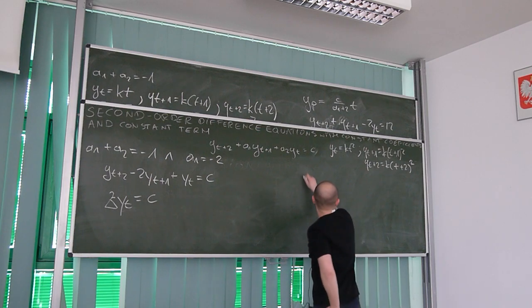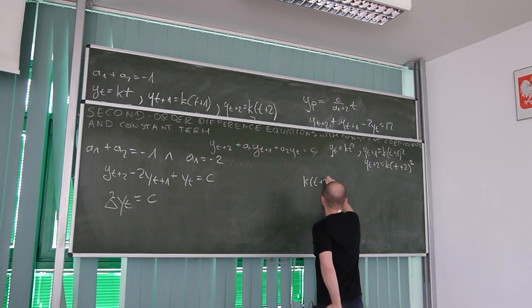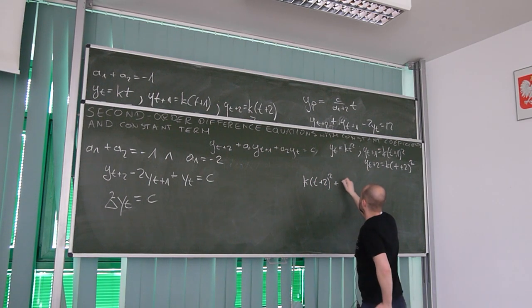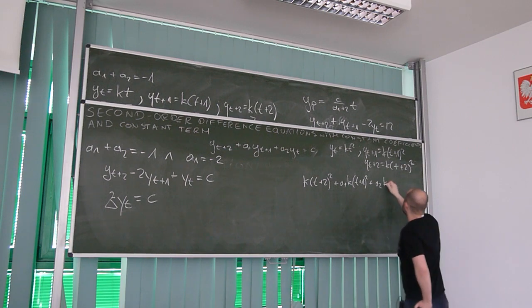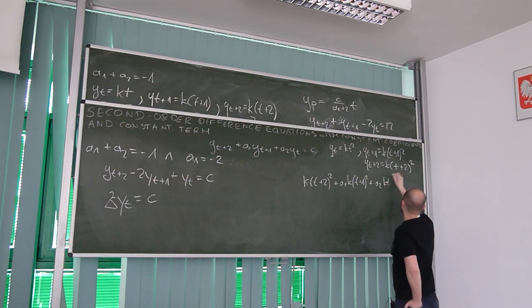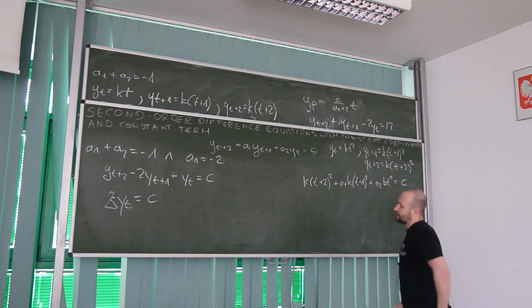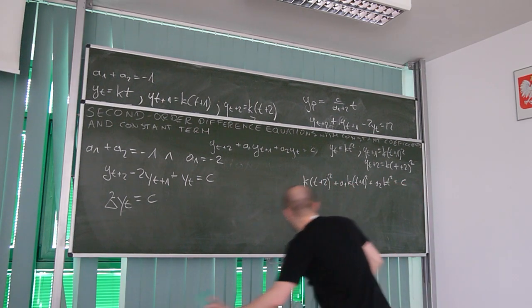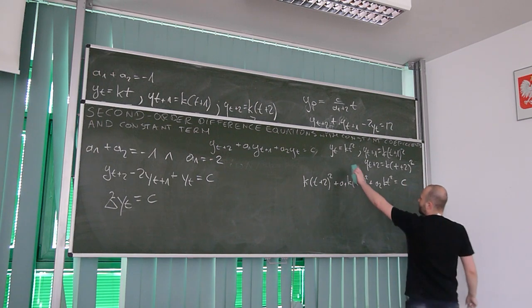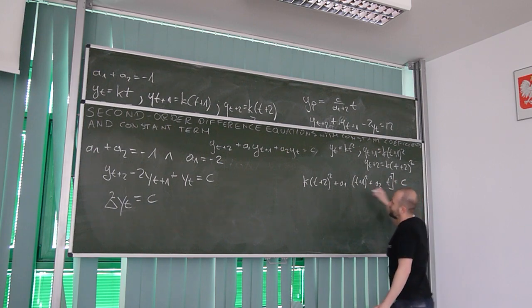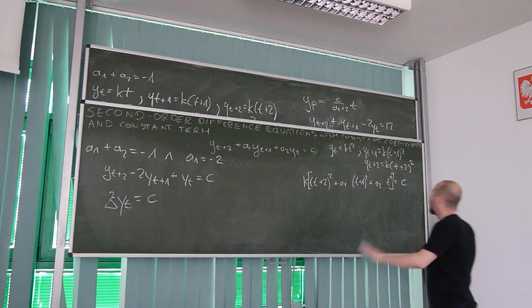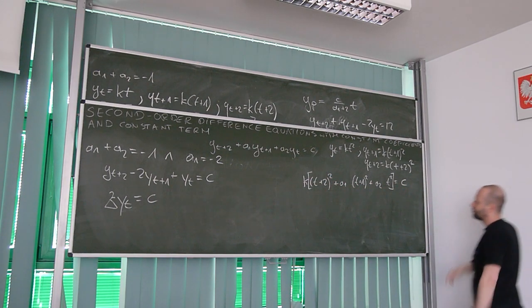So we've got k(t plus 2) squared plus a1 k(t plus 1) squared plus a2 k t squared, and this is equal to c. Again, we see that all expressions share a common factor k, so let's take it out. And now, let's calculate everything we've got inside.